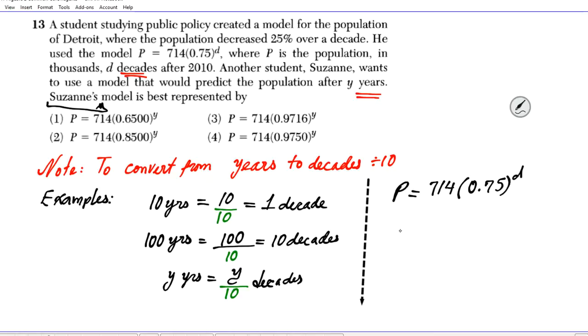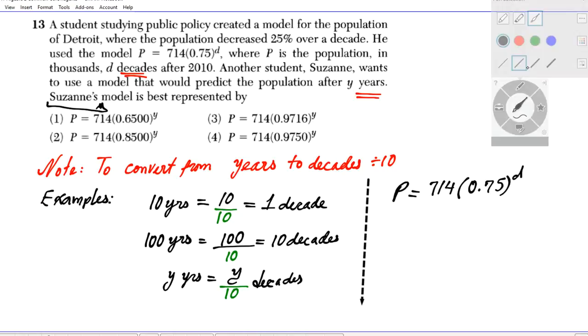Now, to carry out the conversion, d decades can be converted into y over 10. So y years is the same thing as y over 10 decades. We're going to replace d with y over 10 because that's the decades value.